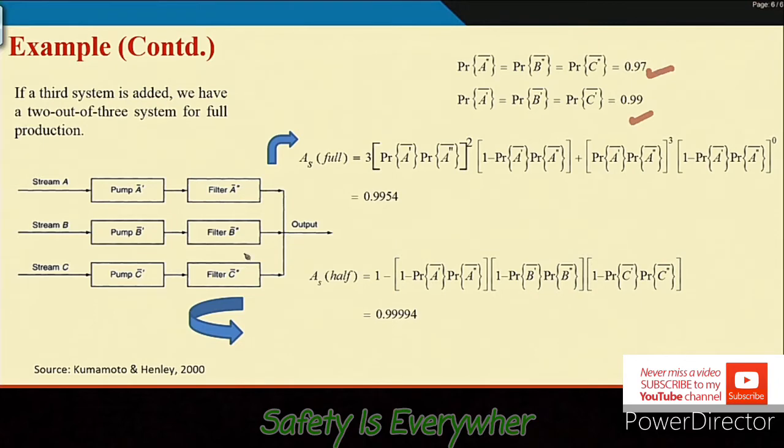So, A star, B star, C star, that is basically the filter. This is simple, it is already written here. Okay. Now, what happened?